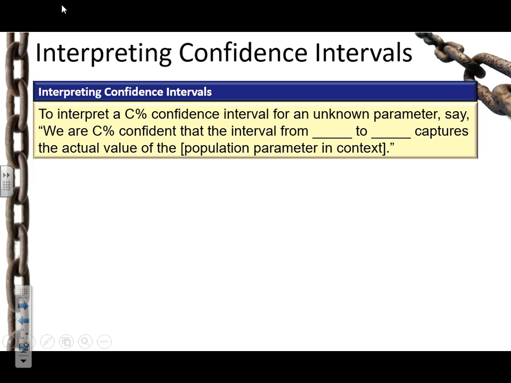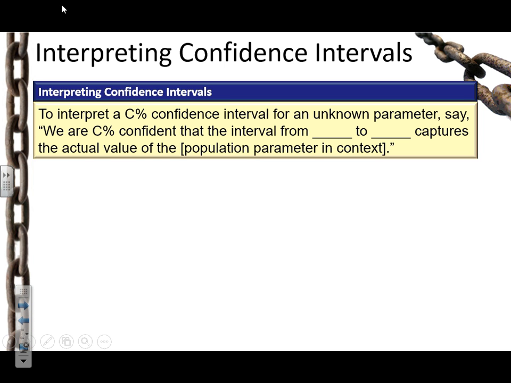So whatever confidence level they had, you report that. So 90%. We are 90% confident that the interval from 0.2 to 0.4 captures the actual proportion of whatever. We are 99% confident that the interval from 2.7 meters to 5.6 meters captures the true mean of whatever.